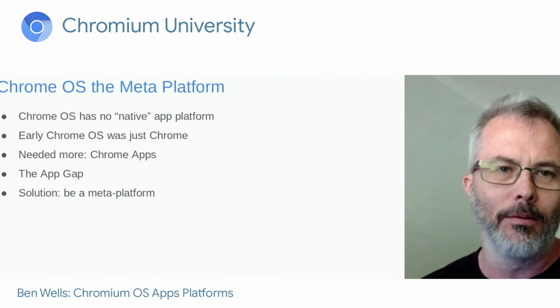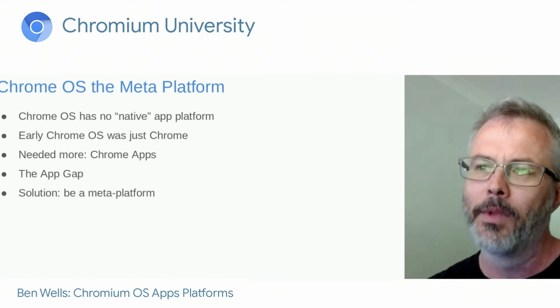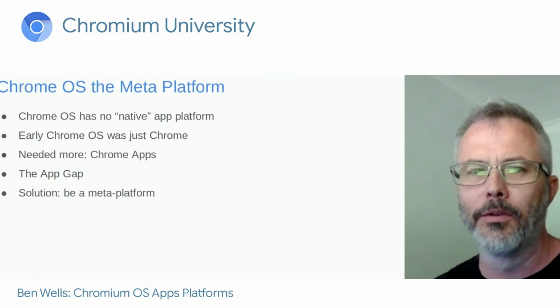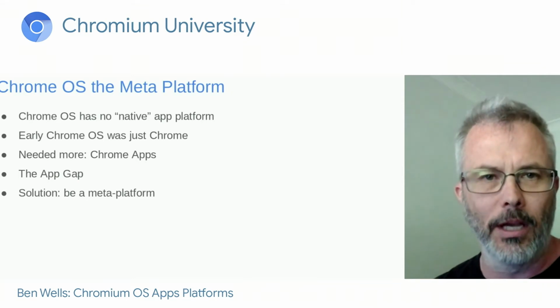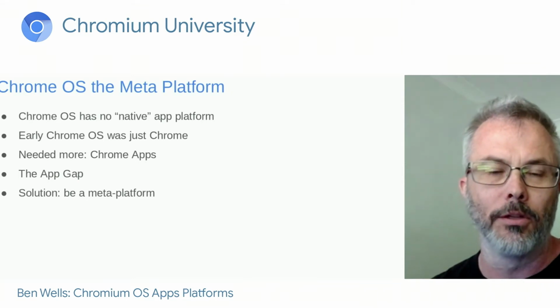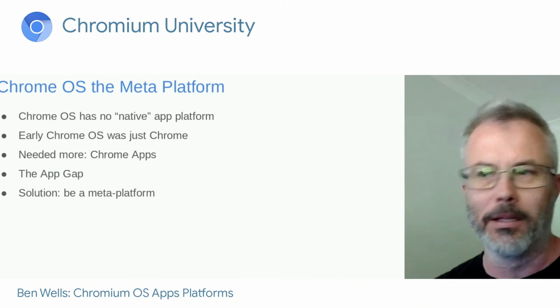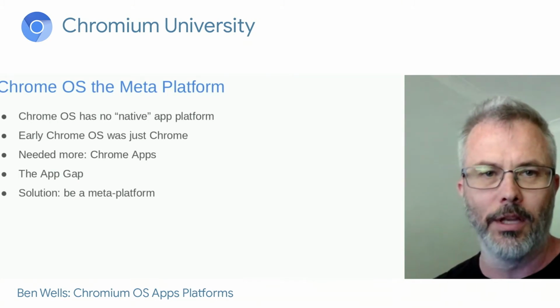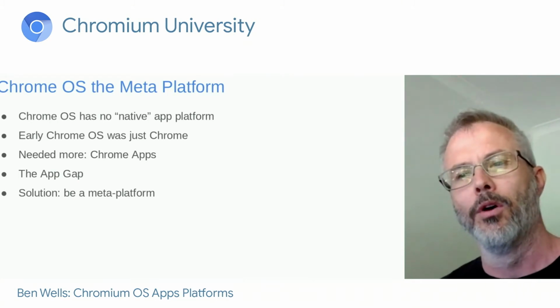Initially, that resulted in the Chrome apps platform. That didn't really solve the problem, though. We still had application gaps. And so the solution to that was to be a meta platform, to actually host applications from other platforms on Chrome OS.